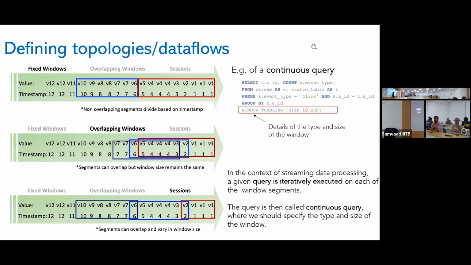The data has some set of tables coming in from the table stream, and then you apply some filter condition and do a grouping, but everything with respect to a window. So it's called continuous queries rather than a simple SQL query. Since it is associated with time, we have to iteratively perform this query over all this data.